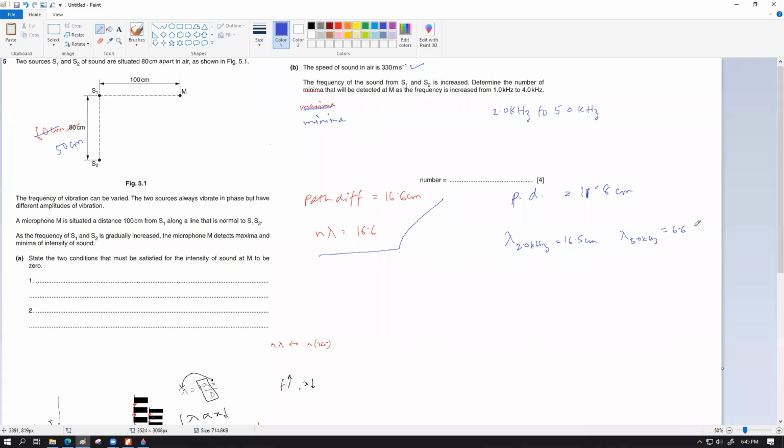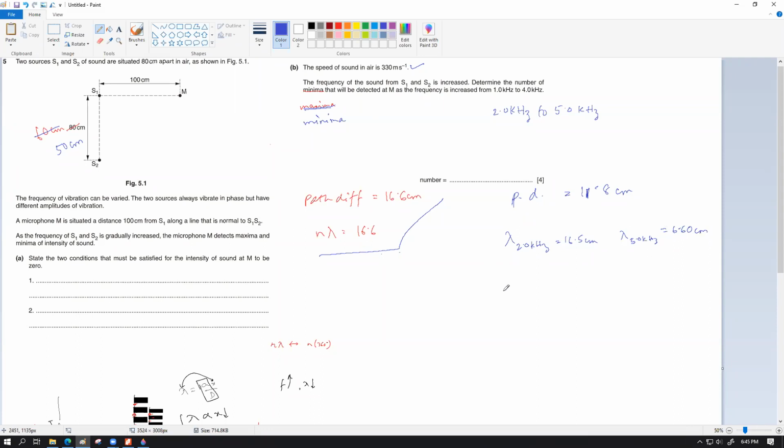I think 330 by 5,000. Okay, 6.6 আসে. So might as well write 6.60 just to make it 3SF. All right, so these are the values that we have got.